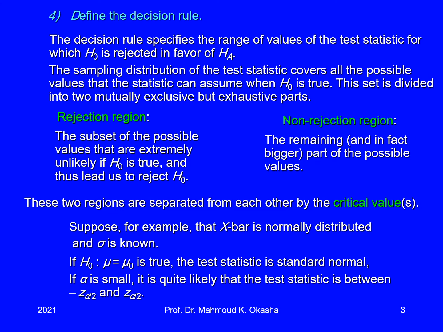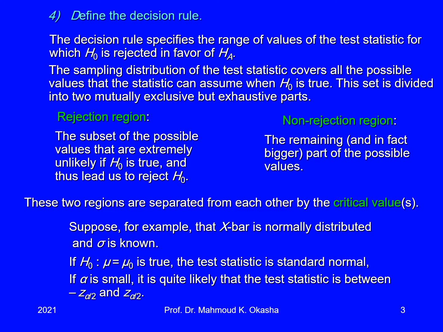But if the test statistic falls between minus z half alpha and plus z half alpha, then this is the non-rejection region, so we cannot reject the null hypothesis.